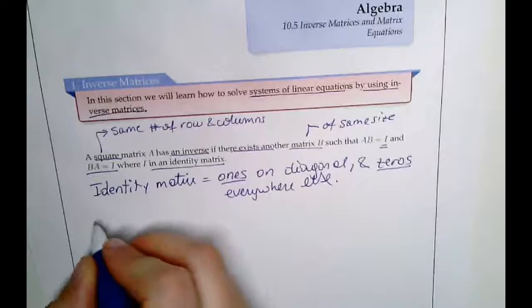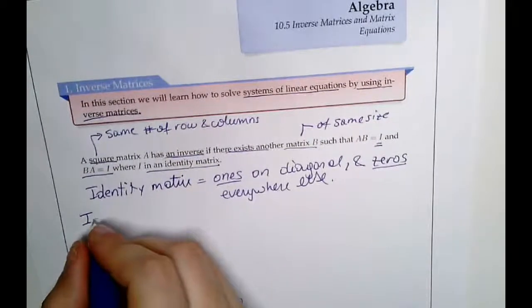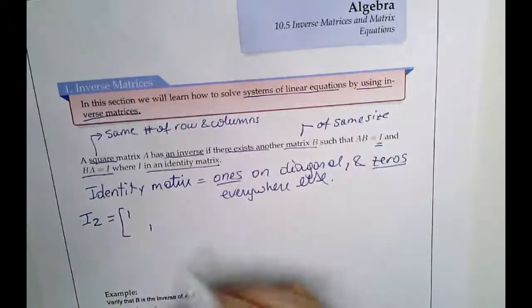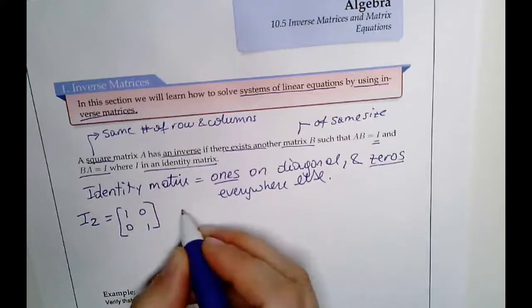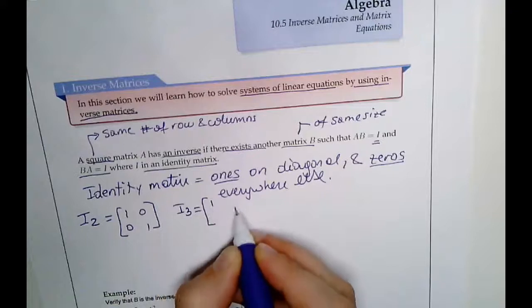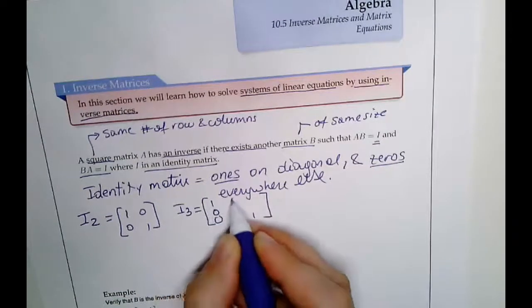For example, the identity matrix with 2 rows and 2 columns, we denote it with I2, and it's just going to have ones on the diagonal and 0 everywhere else. Or the identity matrix with 3 rows and 3 columns is going to have ones on the diagonal and then 0 everywhere else.